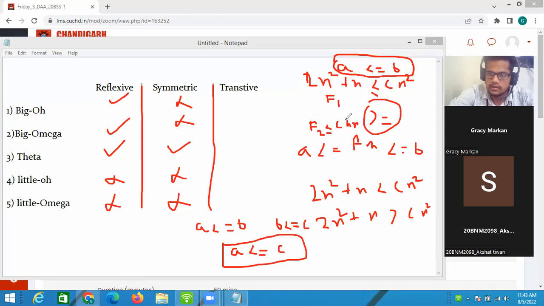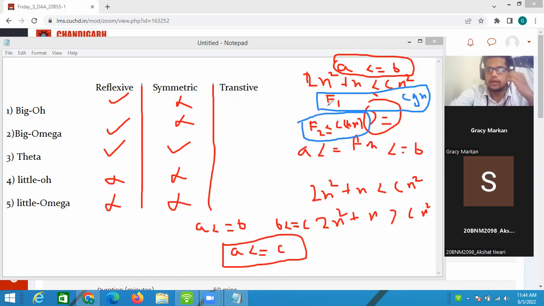We supposed this is c of g(n), for f1 and g(n). f2 is for h(n). So if f1 is less than or equal to c g(n), meaning A and B, then we can say transitive property, right?